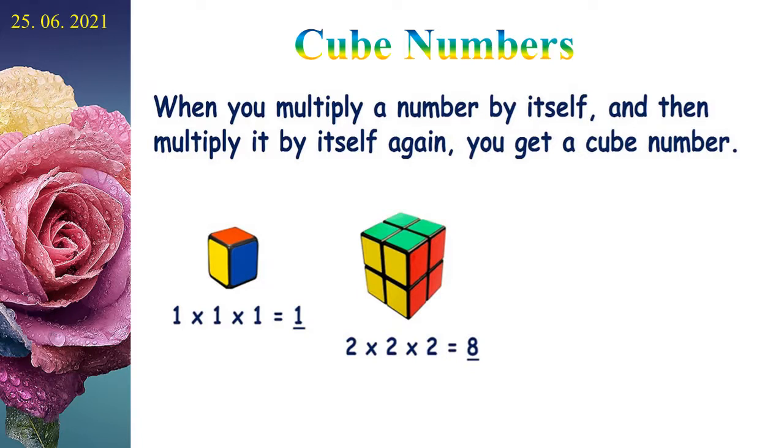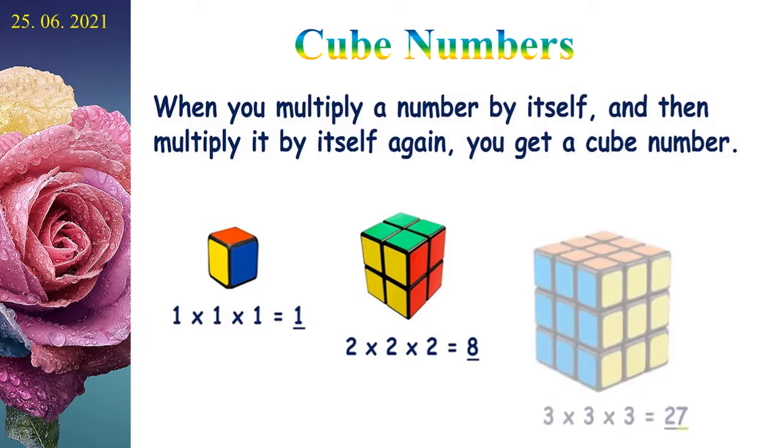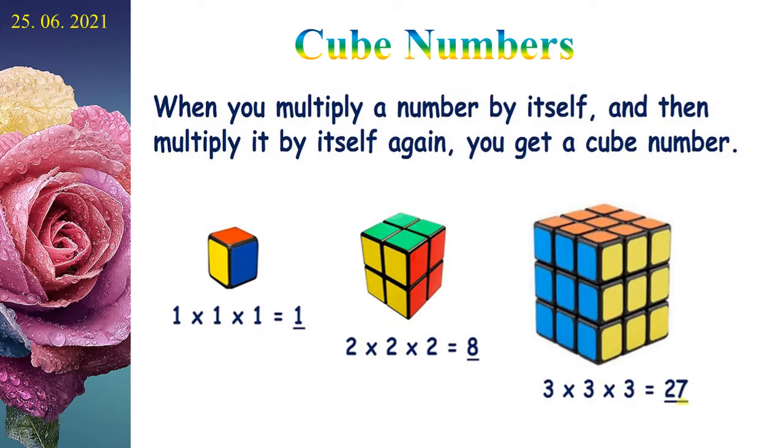The volume of the second cube is 2 into 2 into 2 equal 8 units. Let us take the third cube. Here, length is 3 units, breadth is 3 units and height also 3 units. The volume of the third cube is 3 into 3 into 3 equal 27.